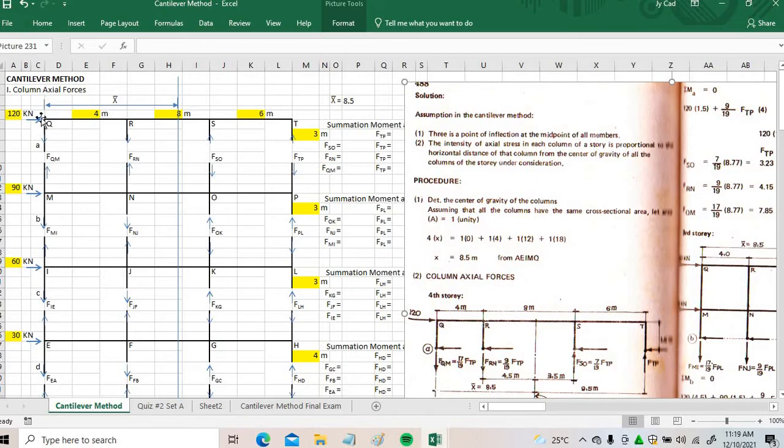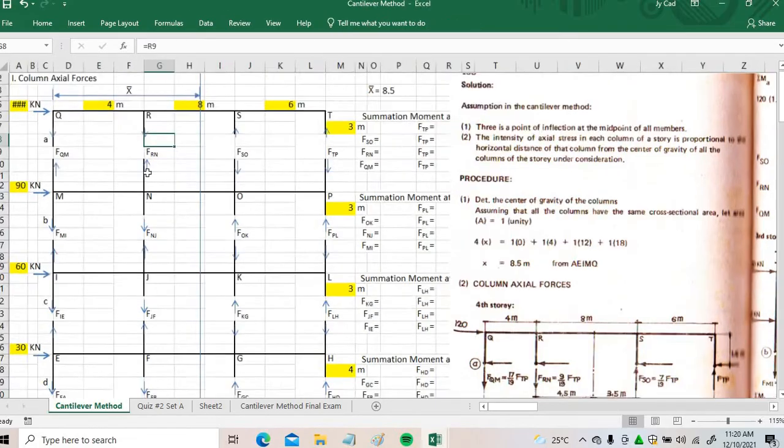Next thing is, kung mag-take moment tayo dito sa gitna naman ng center of gravity, ang 120 kilonewton will still cause a clockwise moment. And at center of gravity, ang magre-resist ng forces ng 120, yung 4 na columns. So, dapat, yung direction ng forces dito sa column na ito ay counterclockwise. Kaya, yan yung kanilang mga direction.